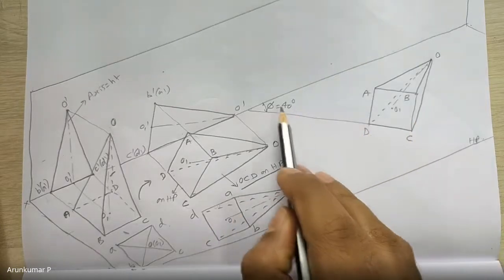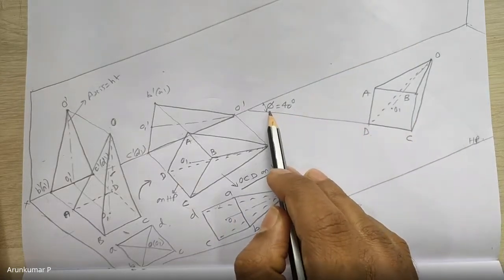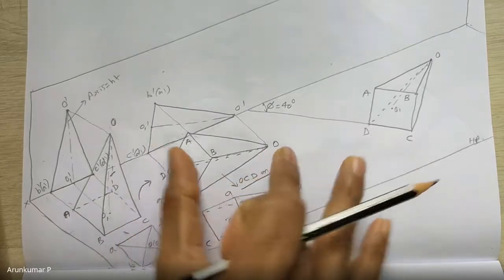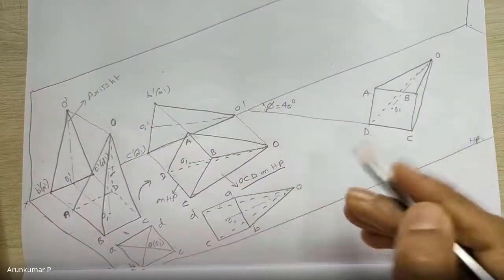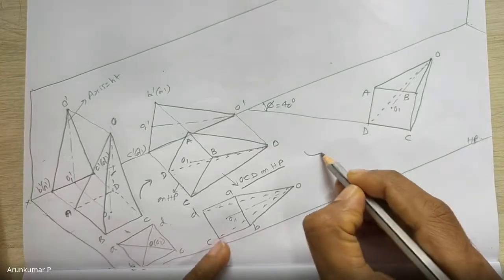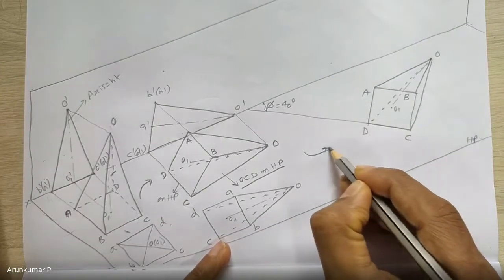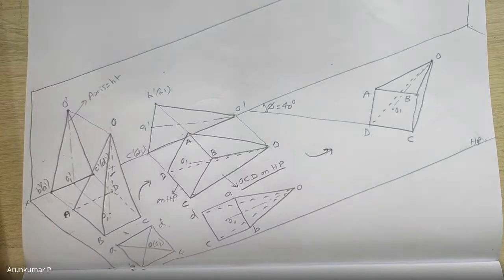So CD is inclined at 40 degrees to VP, because of which this whole thing has been shifted, or you can say rotated, in the anti-clockwise direction by 40 degrees.